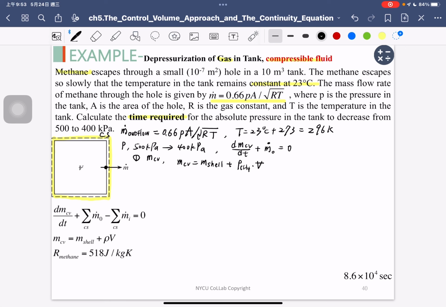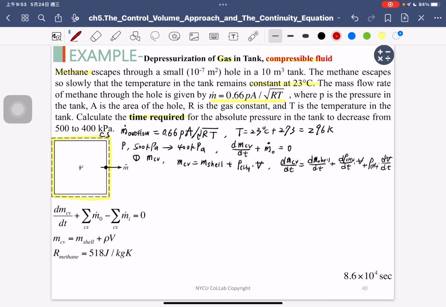So how about dm_CV/dt? We can rewrite it as dm_shell/dt plus d(rho_CH4)/dt multiplied by the volume, plus I keep rho_CH4 times dV/dt.